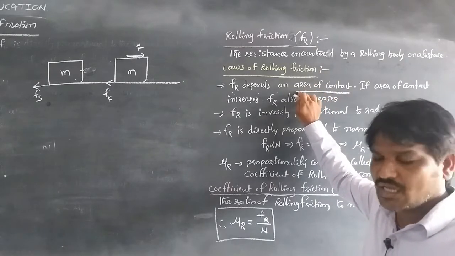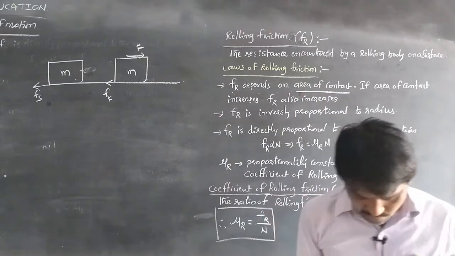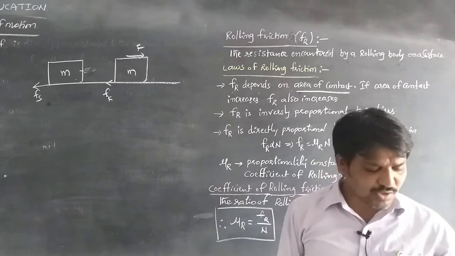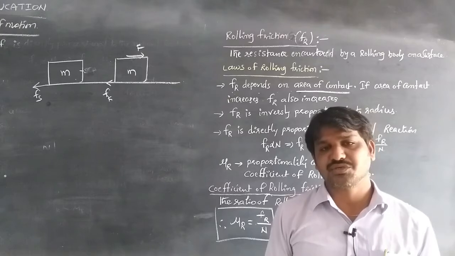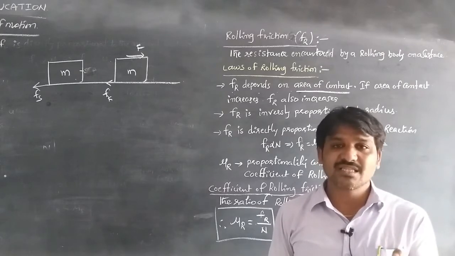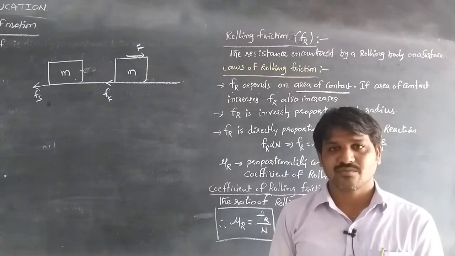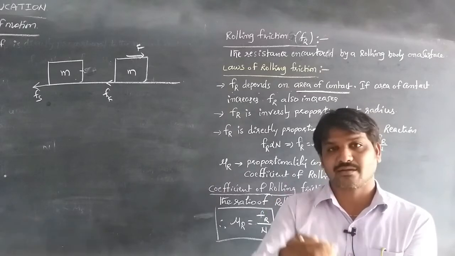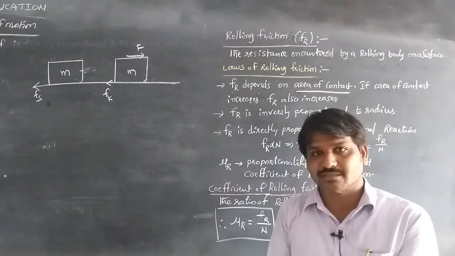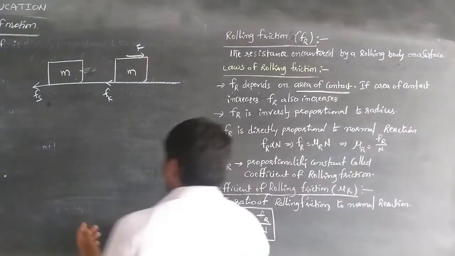So the rolling frictional force depends on the area of contact. Nowadays we know that wide tires are used for cars, and they are filled with less air, to increase the area of contact between the tire and the road surface.